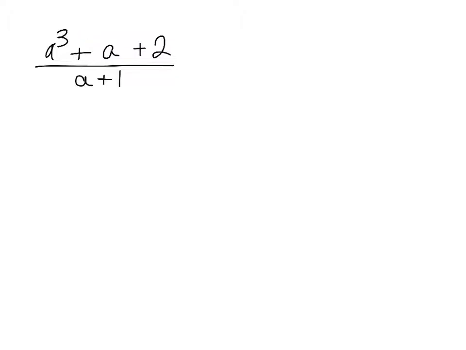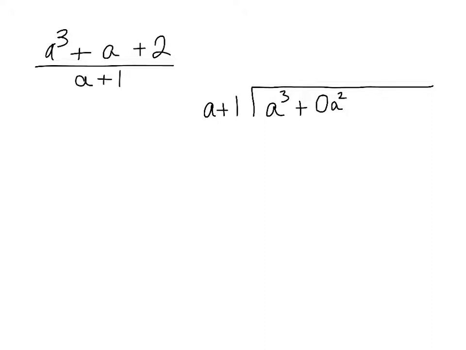You'll always want to look at the original problem and see if there are any missing terms. I'm going to rewrite this and make it look like division. I'm going to write a plus 1 right here, and it's going to divide into my a cubed, that's like 1 a cubed, plus I have to have an a squared, but I can't just throw an a squared randomly in there, so what I throw in there is 0 a squared.